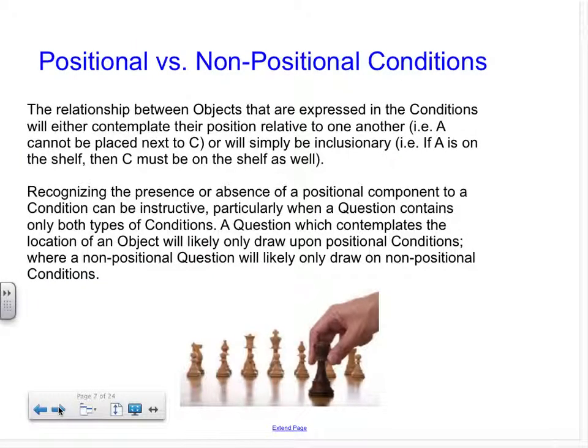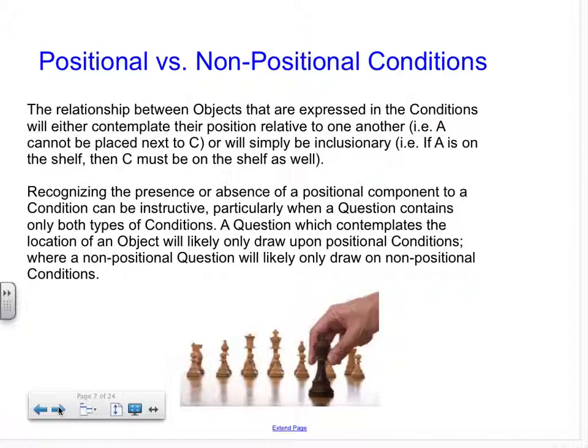It is also important to be aware of positional versus non-positional conditions. The relationship between objects that are expressed in the conditions will either contemplate their position relative to one another, i.e., A cannot be placed next to C, or will simply be inclusionary, i.e., if A is on the shelf, then C must be on the shelf as well.